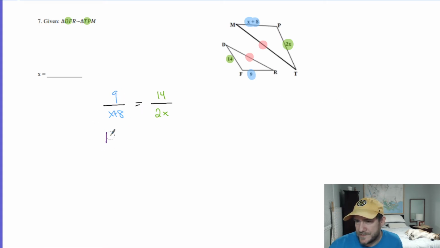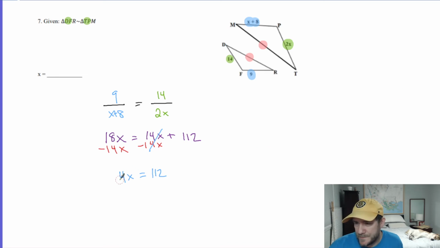So we cross multiply. 9 times 2 is going to be 18, so this is 18x. When we cross multiply here, we have to remember to distribute the 14, so we get 14x plus whatever 14 times 8 is. That would be 112. So now, since I've got x's on the left and some x's on the right, we're going to get rid of these x's by subtracting on both sides. That's going to bring us to just 4 x's that equal 112.